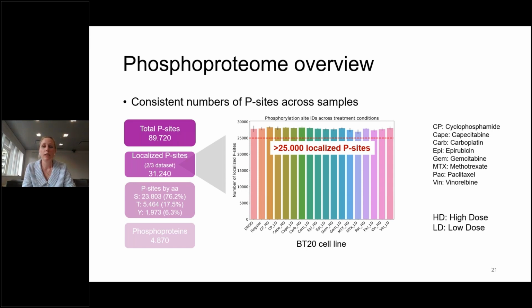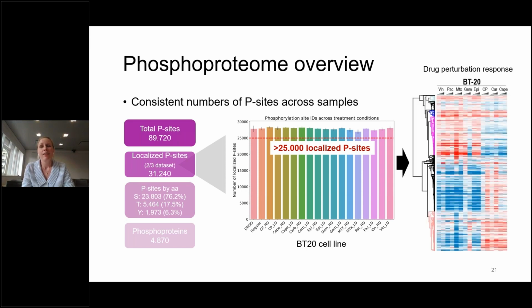And the aim is really to dive into the data now and look into the drug perturbation response. And this is just a brief overview here where we see the significant changes. So it's after doing an ANOVA testing for significance, and it's displayed relative to the DMSO treated control.